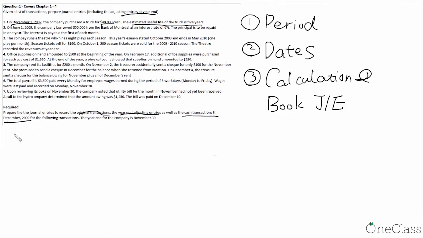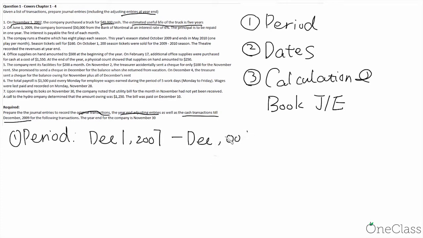So the relevant period for the first transaction, the purchase of the check, is from December 1st, 2007, when the check is purchased, until December 2009. And then we need to figure out the dates of the transactions.